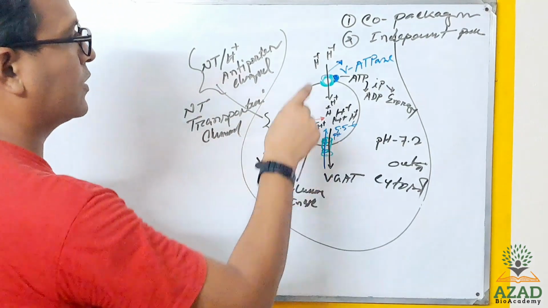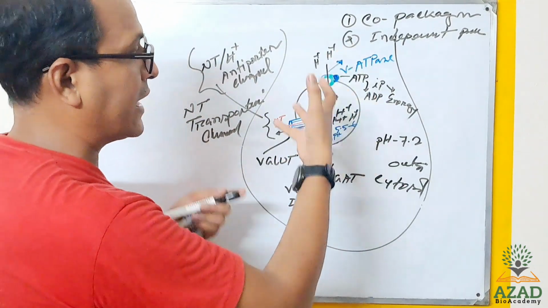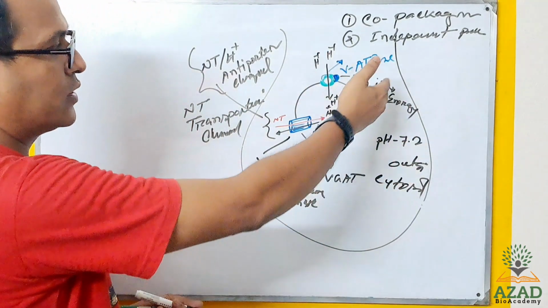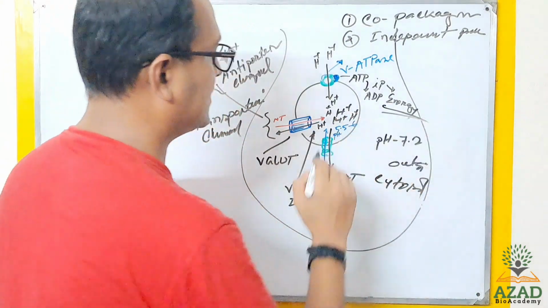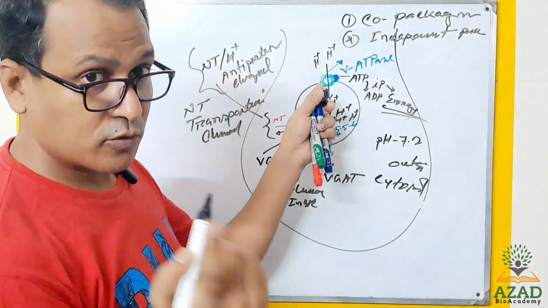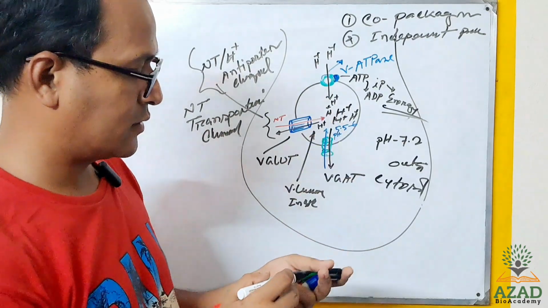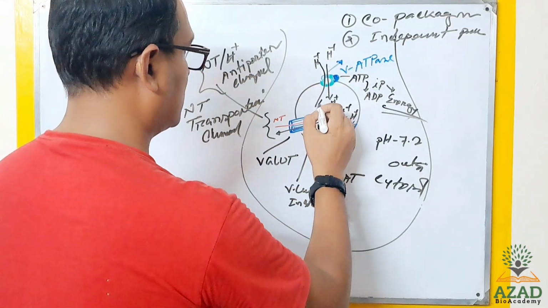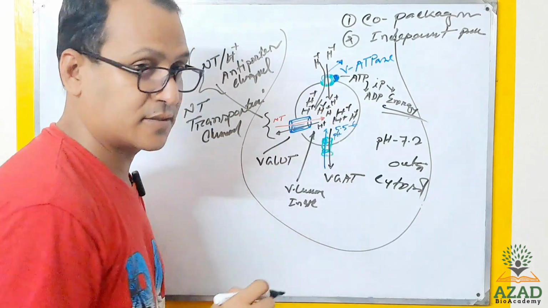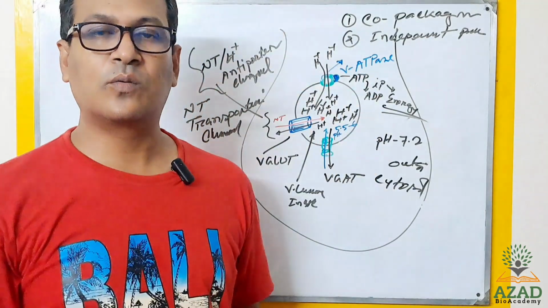So what will happen? When this pump, the V-ATPase pump, is active, it will show ATPase activity, turning ATP into ADP and producing energy. By the influence of that energy, through this proton pump, protons will come from outside to inside. Now more protons will be inside, so the inside of the synaptic vesicle will be more acidic.